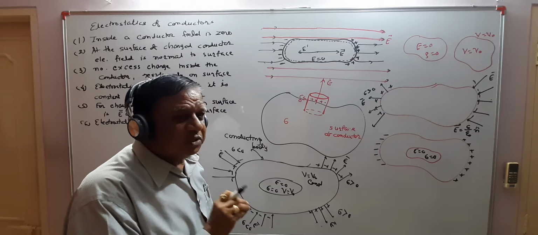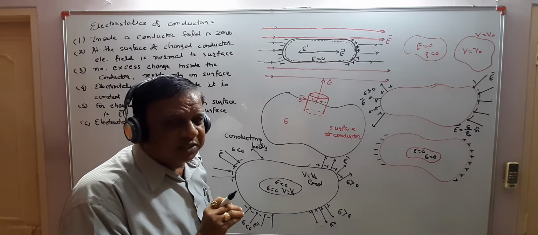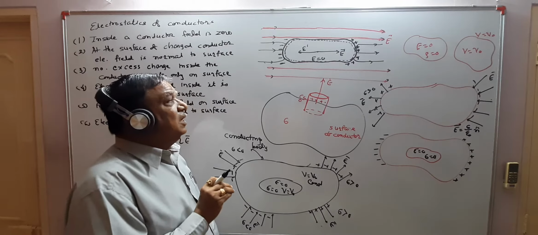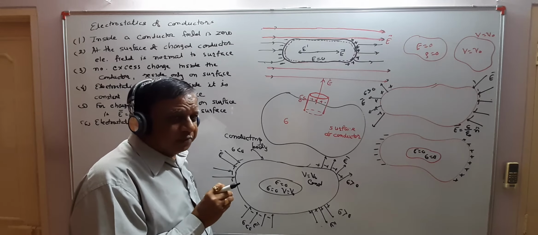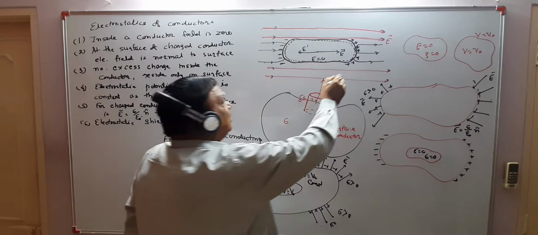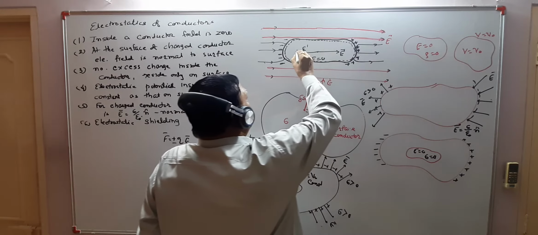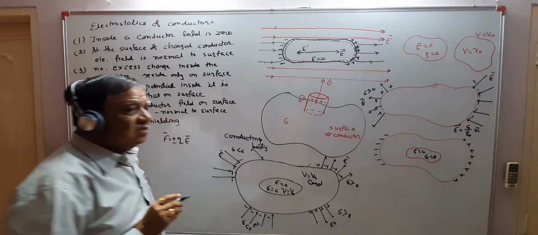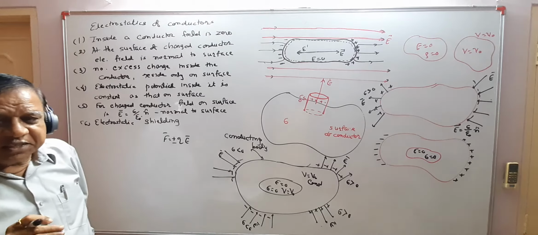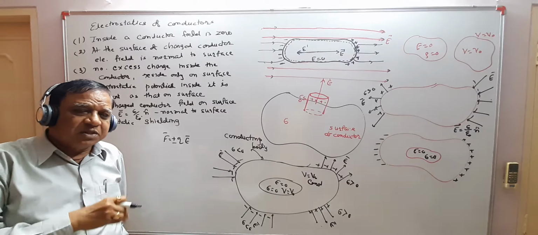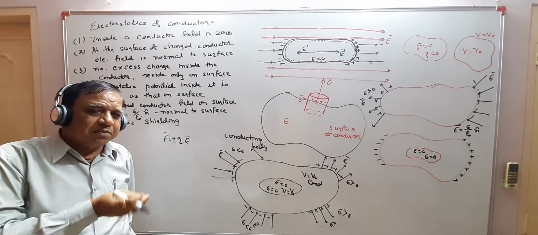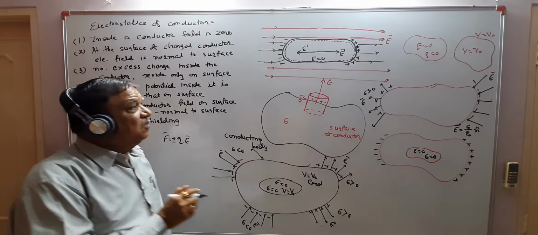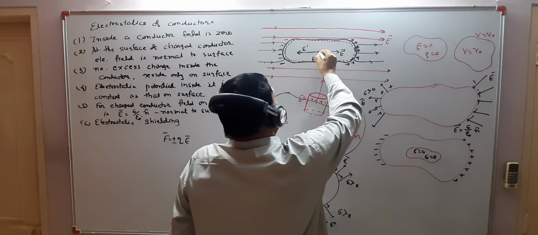Due to the storage of charges on the surface ends, an electric field is produced, from positive to negative, which we call E dash. E dash is the field due to the induced charge on the end surfaces, while E is the external field.